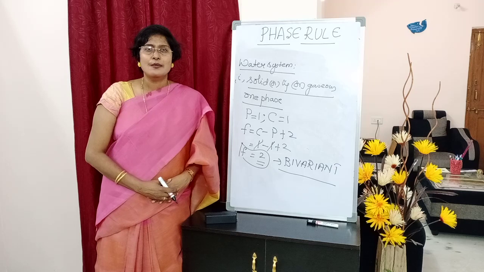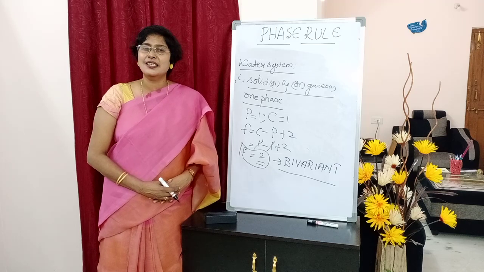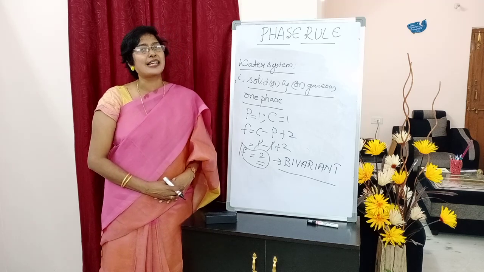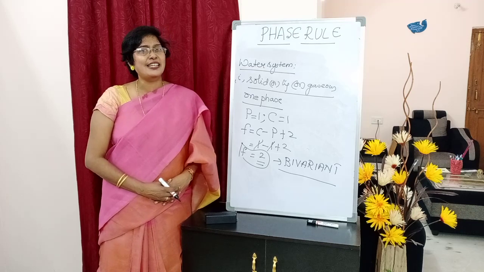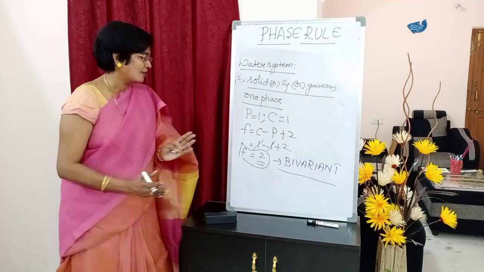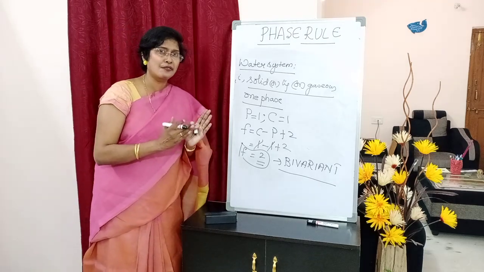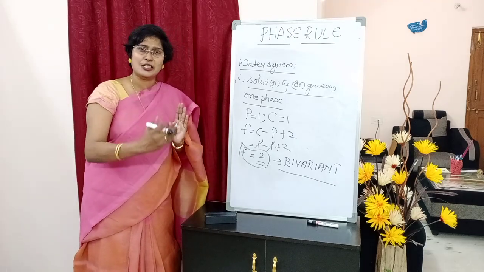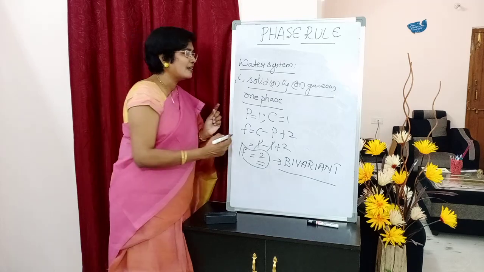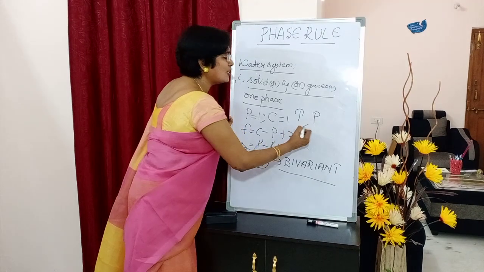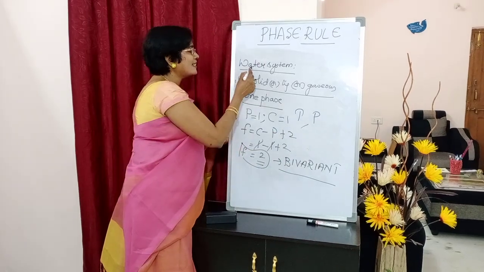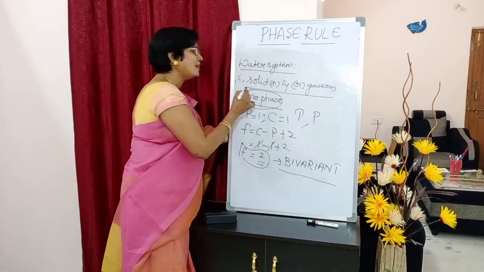What is the meaning? 2 degrees of freedom. I told you most frequently for a one component system we require 2 factors, pressure and temperature, to define the state of a system. Now coming to 2 degrees of freedom. So when F is equal to 2, that means that you can change temperature and you can change pressure, and water system exists as only one phase.